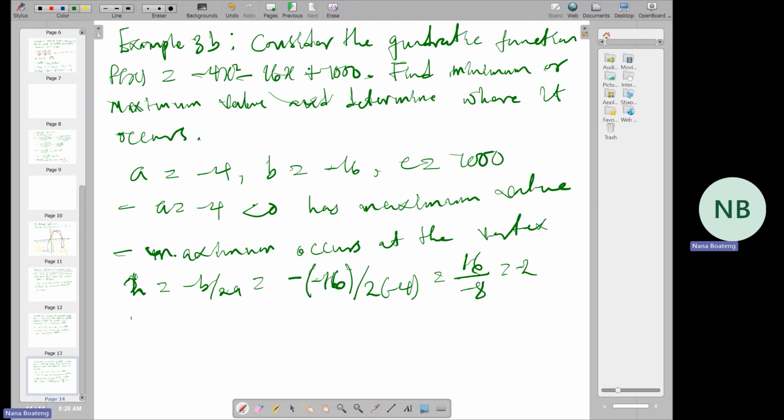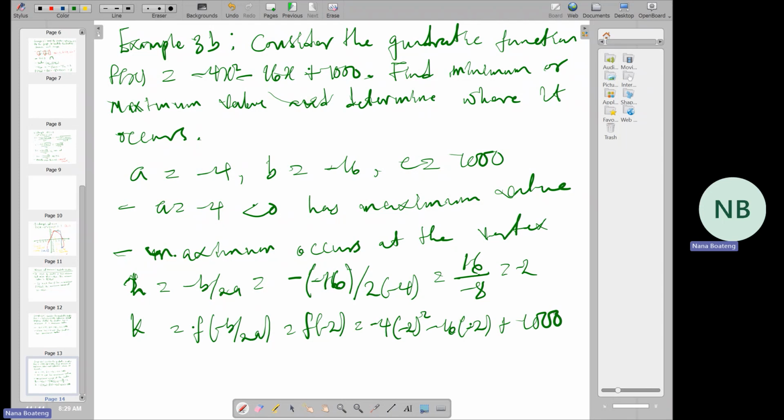And so the k part is equal to f of negative 2, which equals negative 4 times negative 2 squared minus 16 times negative 2, plus 1000.